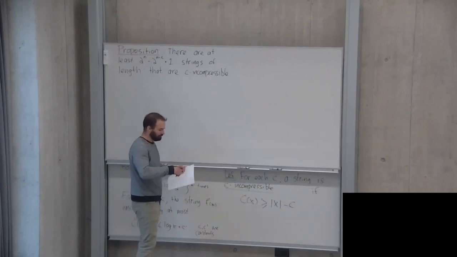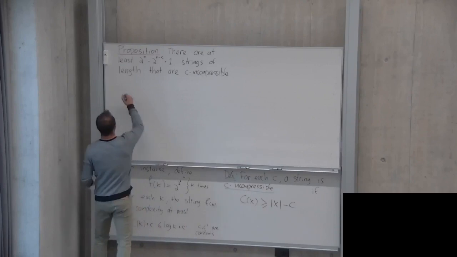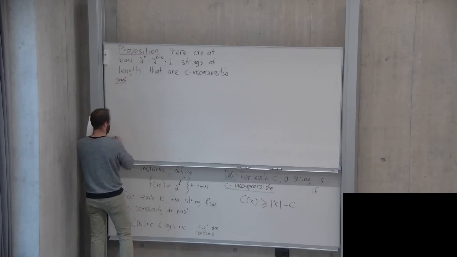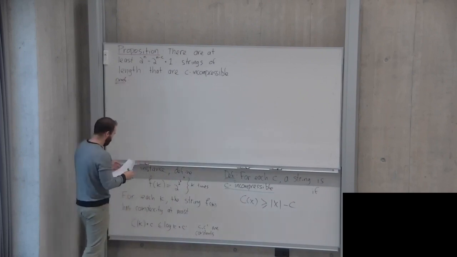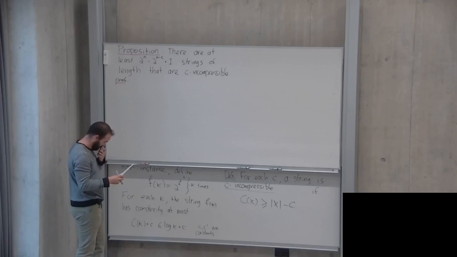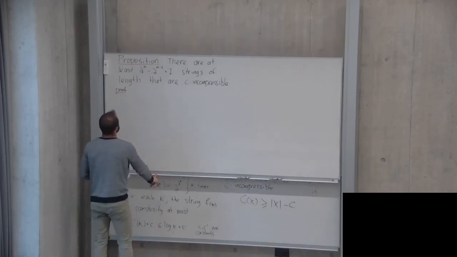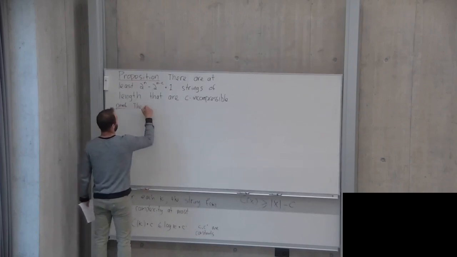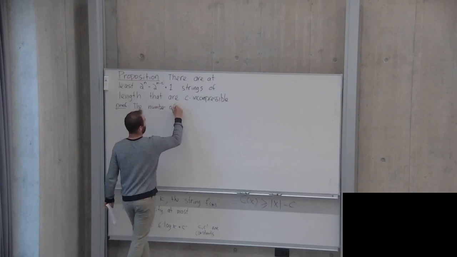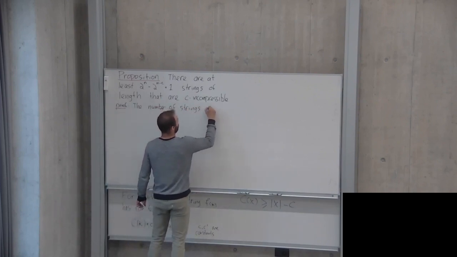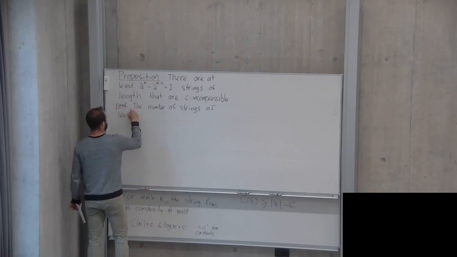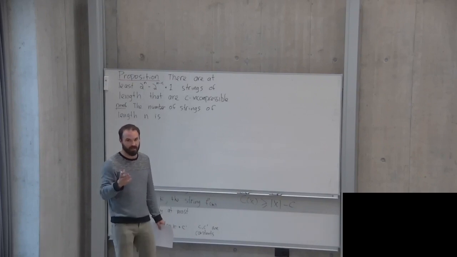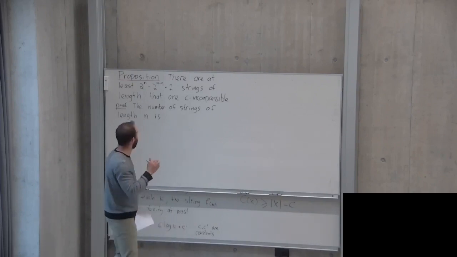And let's prove that. Well, first thing to mention, the number of strings of length n: how many strings of length n do we have? 2 to the power of n, correct.